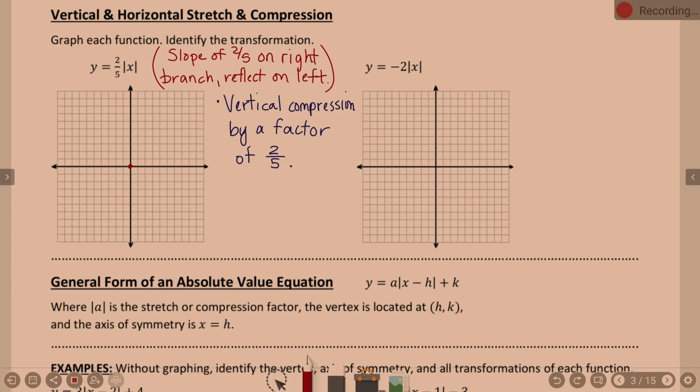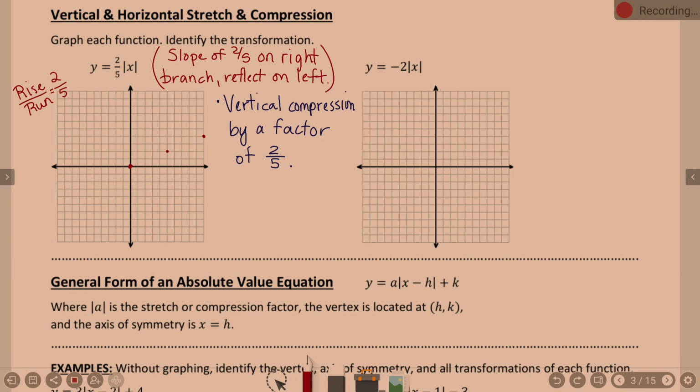How do we actually do this? We're going to start at 0, 0. A slope of 2/5 says we're going to rise 2, run 5. So from this point, rise 2, up 2, run 5. You can, just barely. My graphs are usually 10 by 10.